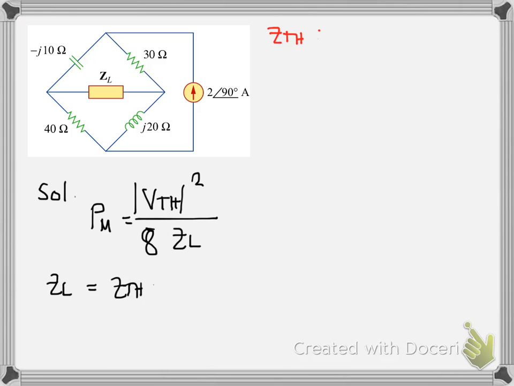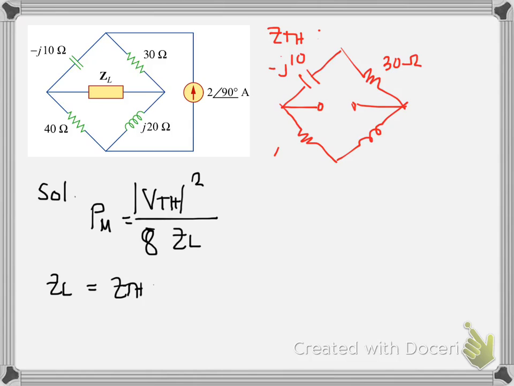So our circuit now will look like this. So this is negative J10 and 30, 40 ohms and J20. So at this part of the circuit, it's where ZL or ZTH is installed, where initially the ZL was being detached from the circuit.